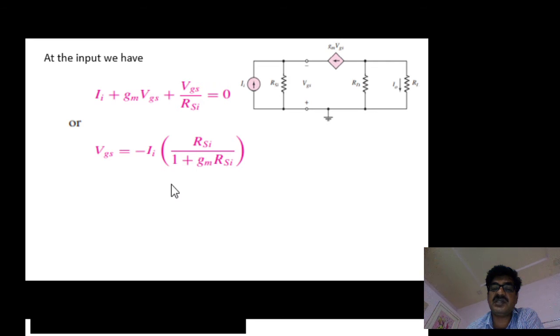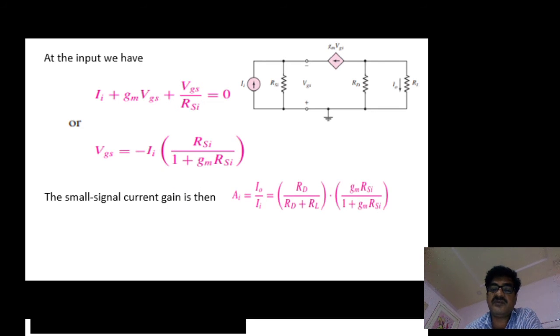Now substitute this VGS in the I0 equation. Therefore AI equals I0 divided by II, which equals RD divided by RD plus RL into gm RSI divided by 1 plus gm RSI. First you calculate I0 in terms of VGS, derive VGS from the input KCL equation, and substituting that in I0 you get the current gain.